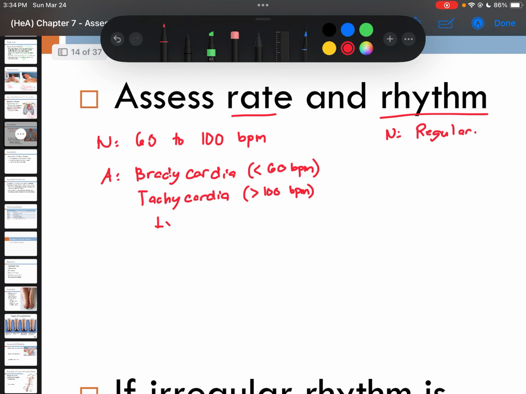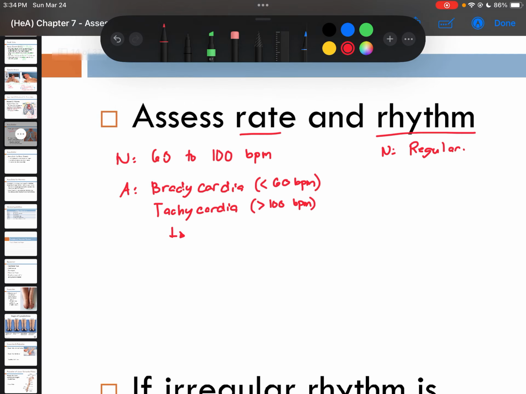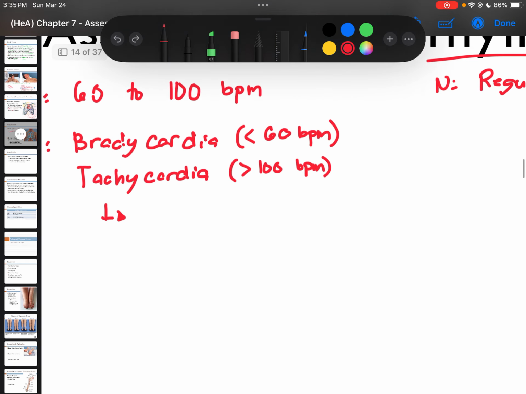Both of them can be caused by a variety of factors. But one of the main causes of brady and tachycardia is, as we mentioned before, decreased cardiac output.